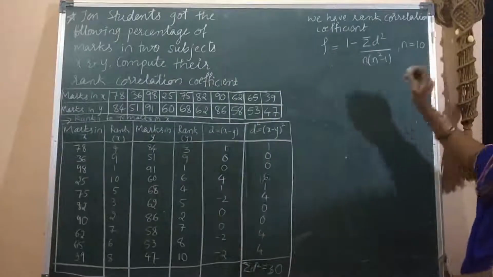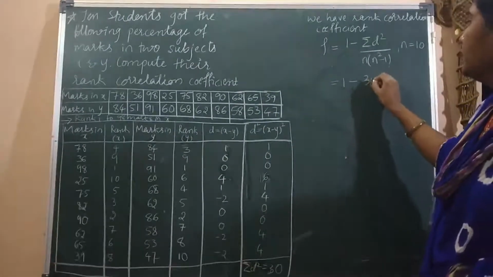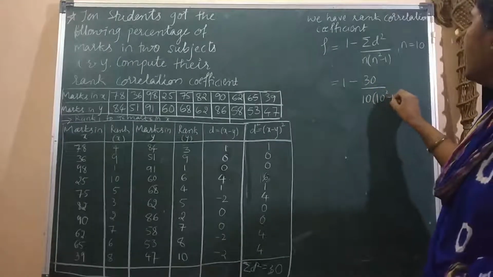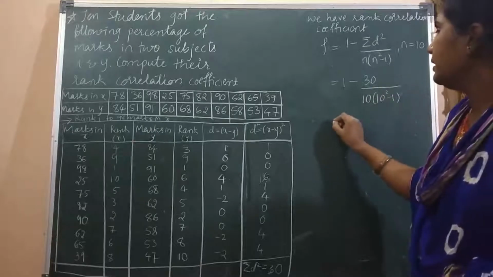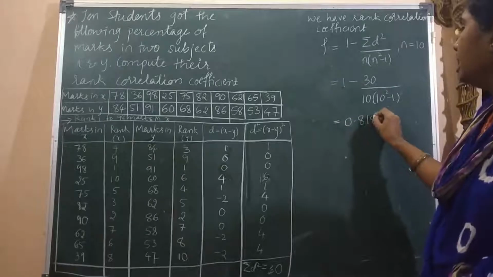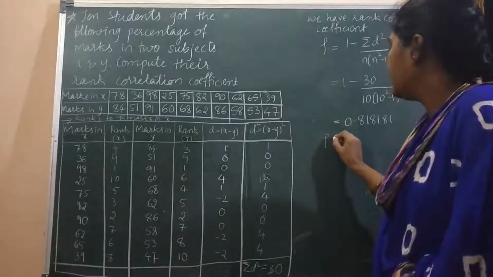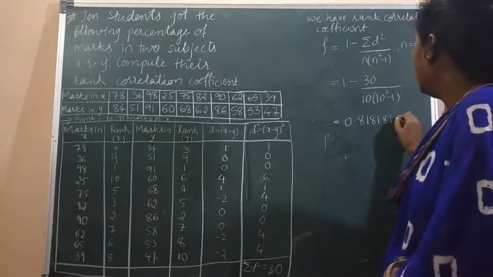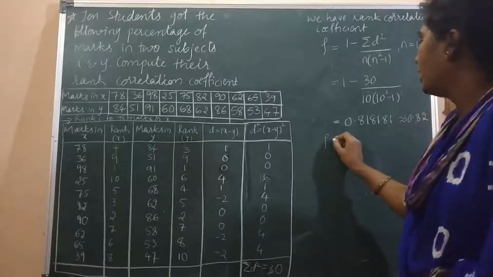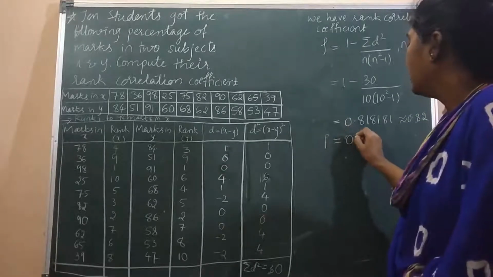Substitute here: 1 minus 6 into summation D square, which is 30, upon 10 into bracket 10 square minus 1. Simplify this one. After simplifying, we get 0.818181, and our rank correlation is nearly equal to 0.82.